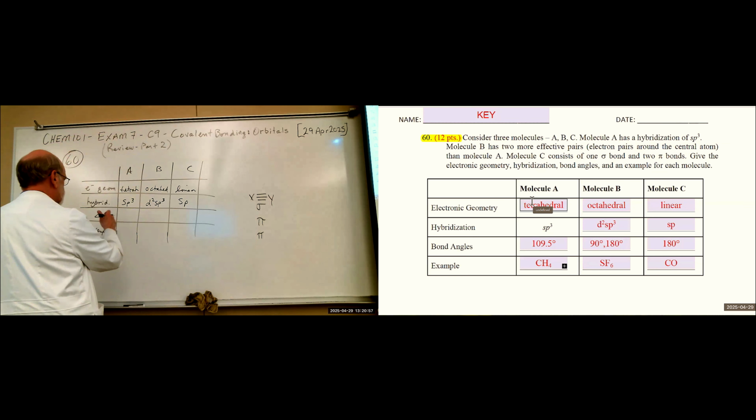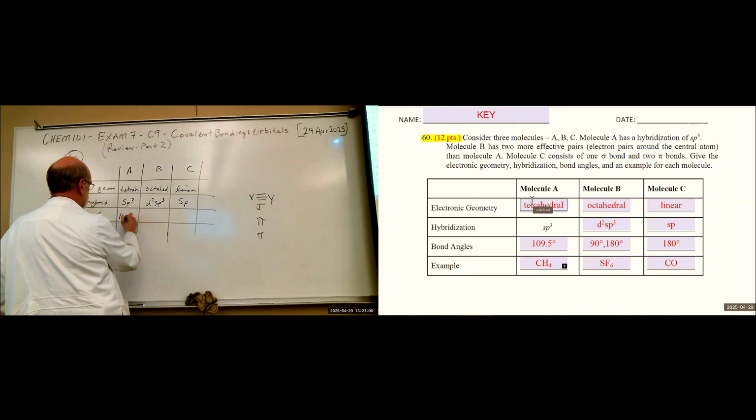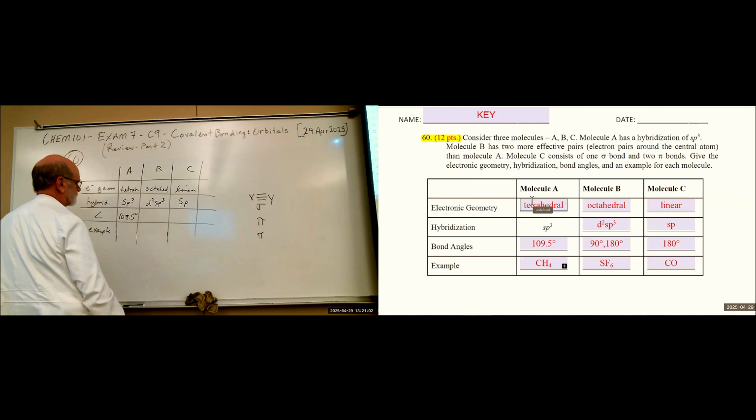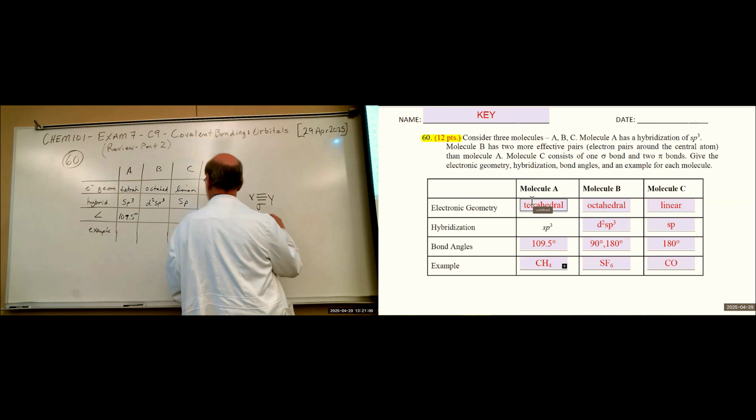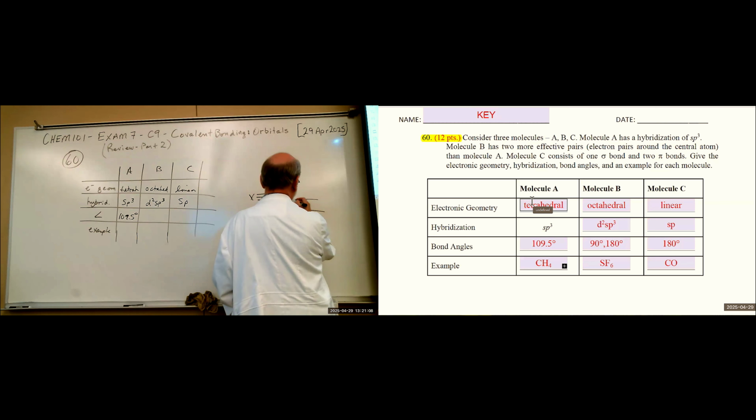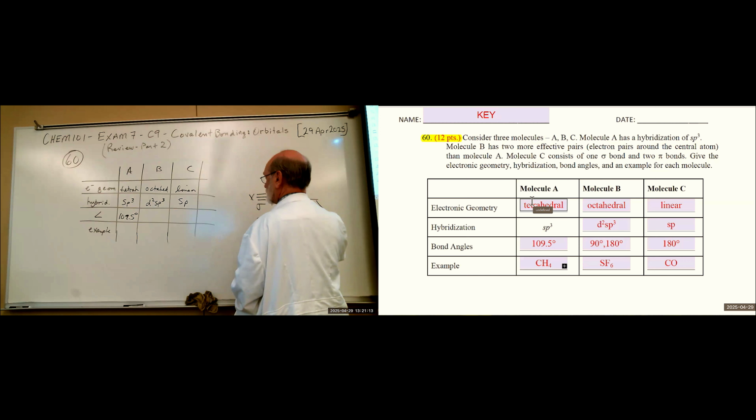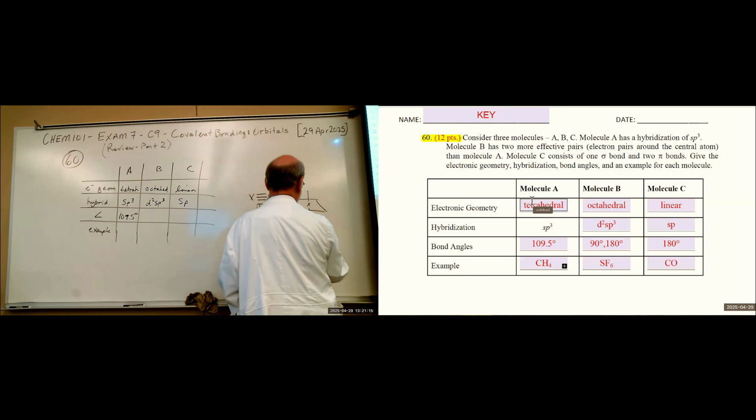So let's see, bond angles for sp3. Nominally, they're 109.5 degrees. For d2sp3, I always have to draw an octahedron for this one. We have X in the middle, and then we have like that, like that.